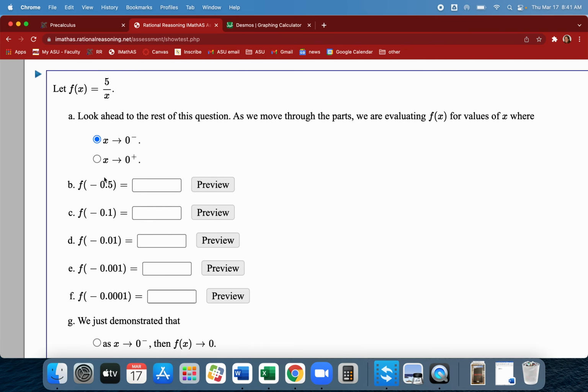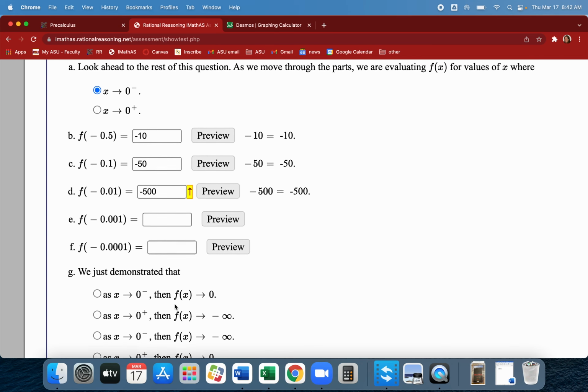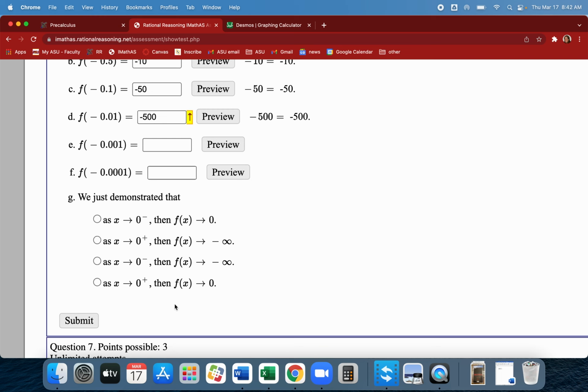X approaches 0, going through this sequence of numbers, which is getting closer and closer to 0, but they're all left of 0, this is where we'd get things like -10, -50, -500, etc., which is a sequence of y values decreasing without bound. So we just demonstrated that as x approaches 0 from the left, f of x is headed towards -infinity.